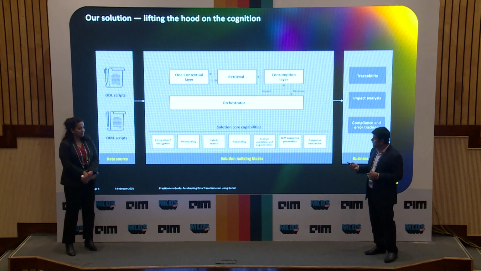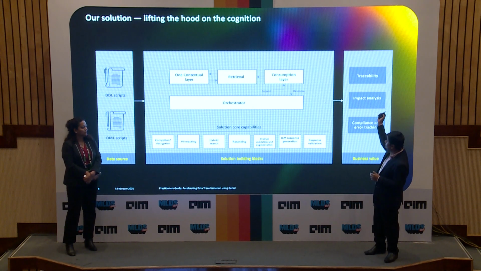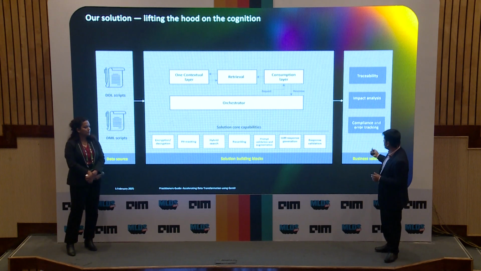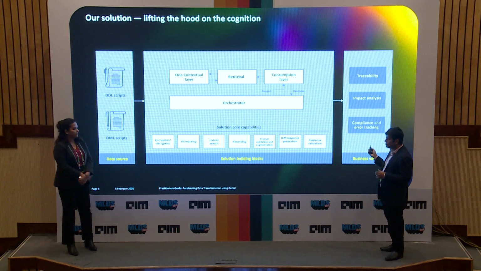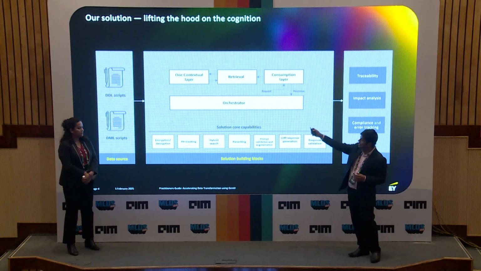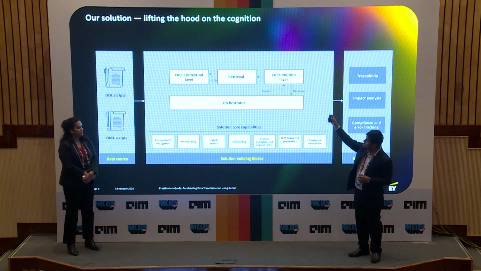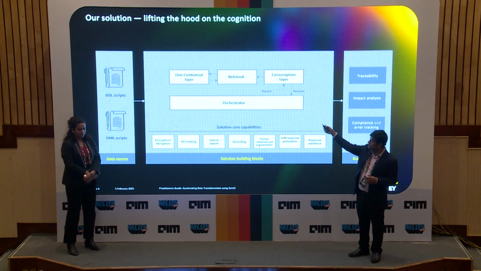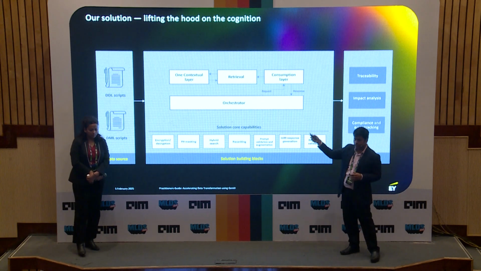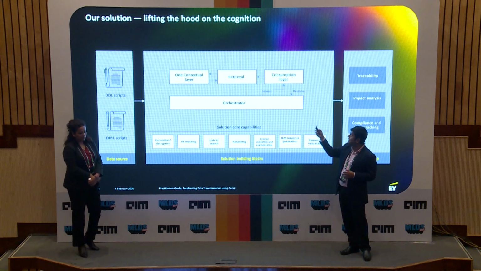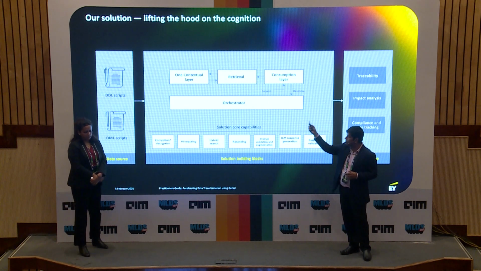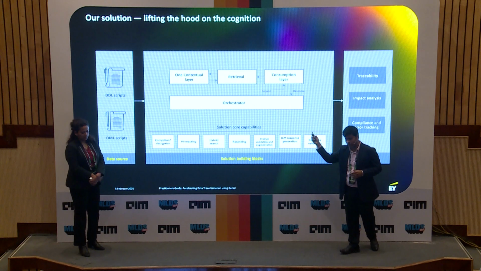So when we say that it has become a necessity, we have enabled these outcomes for our users, depending upon three key pillars of our solution approach. The first one was having one contextual layer, another is having a retrieval mechanism, and the consumption layer, all of them being orchestrated through a custom orchestrator.